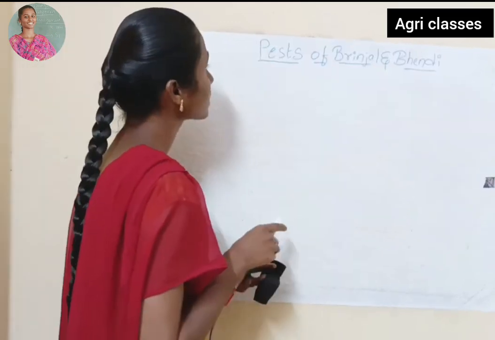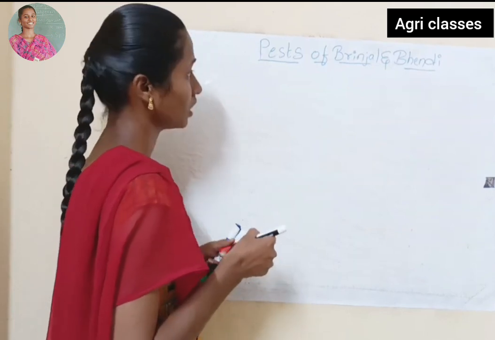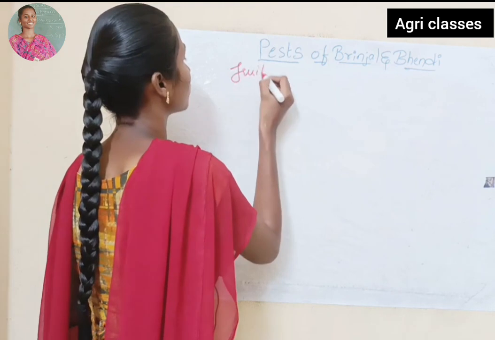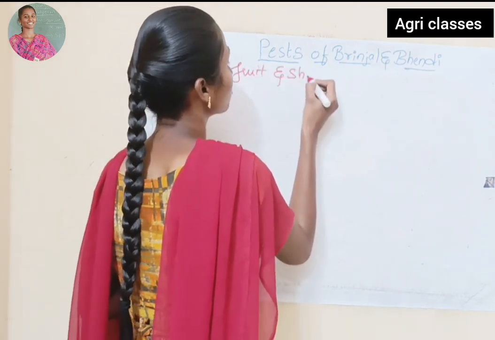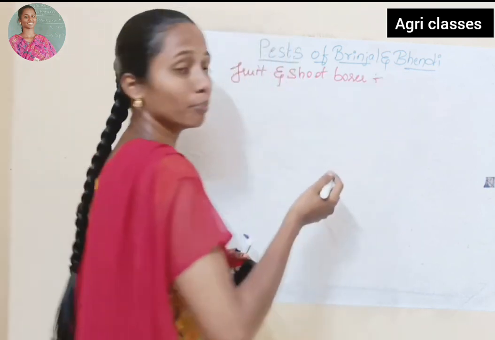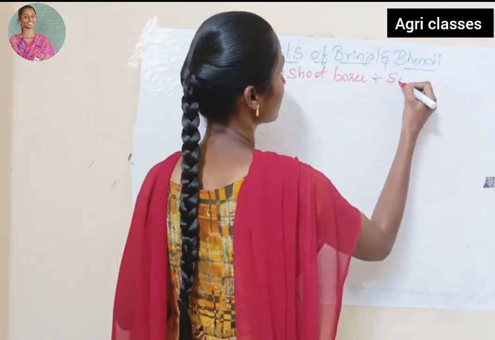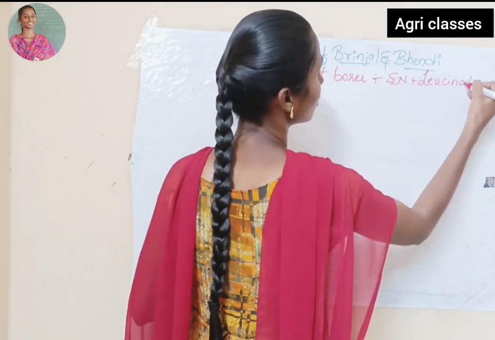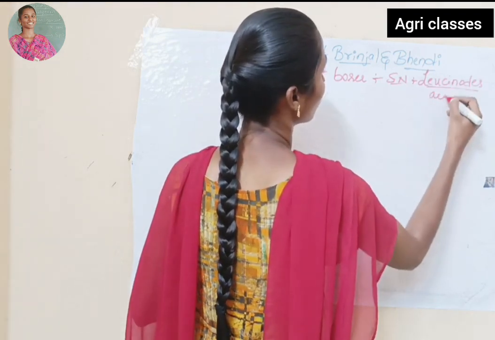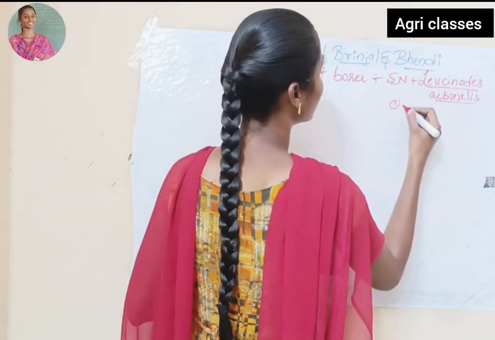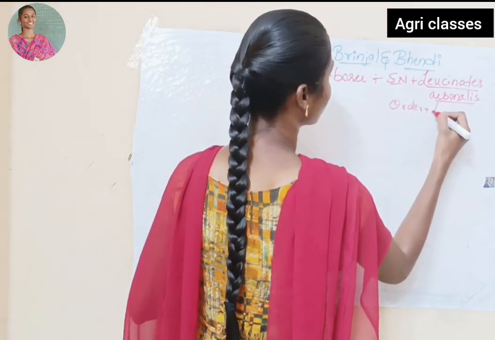So here the next important pest in brinjal is the brinjal fruit and shoot borer. The scientific name of brinjal shoot and fruit borer is Leucinodes orbonalis. Here it comes under the order Lepidoptera.